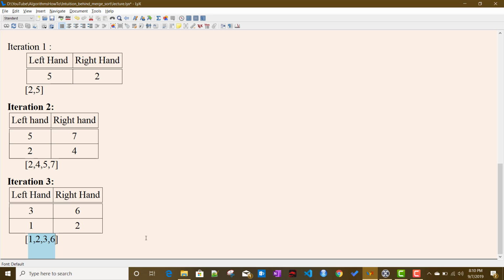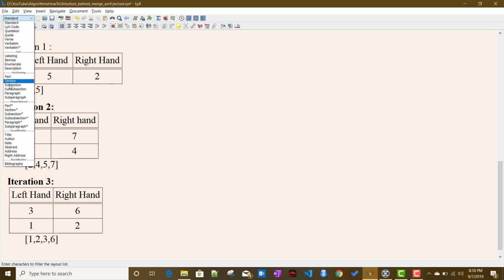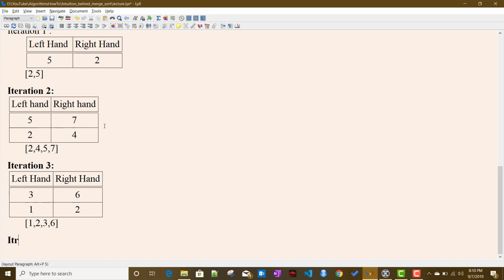Again, there is no harm of doing it. So I will just write this paragraph again. So we are talking about iteration 4 here, right? So in iteration 4 I have 4 elements in our left hand and right hand. Okay, so let us do it.